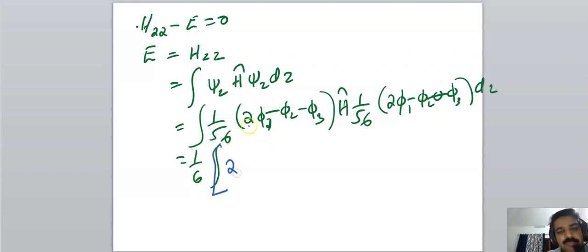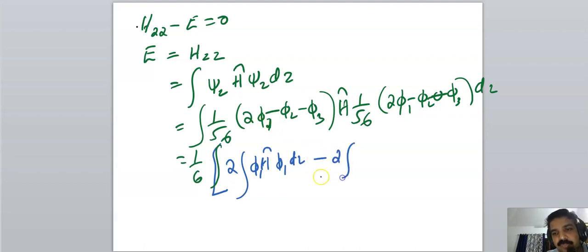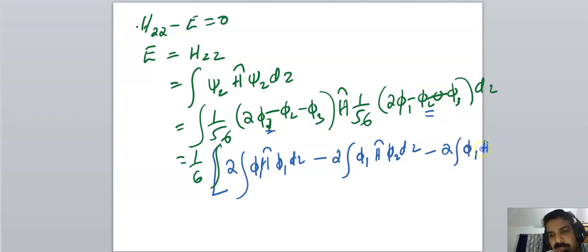Integral, we can take outside, 1 by 6 outside. 2 into integral phi 1 H cap phi 1 dτ. Okay, again minus 2 into integral phi 1 H cap phi 2 dτ, that is this phi 1 and this phi 2. Again minus here, minus again 2 integral phi 1 H cap phi 3 dτ.